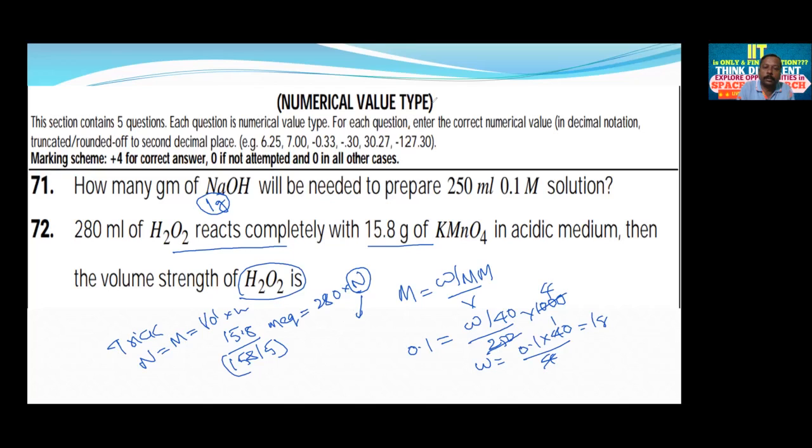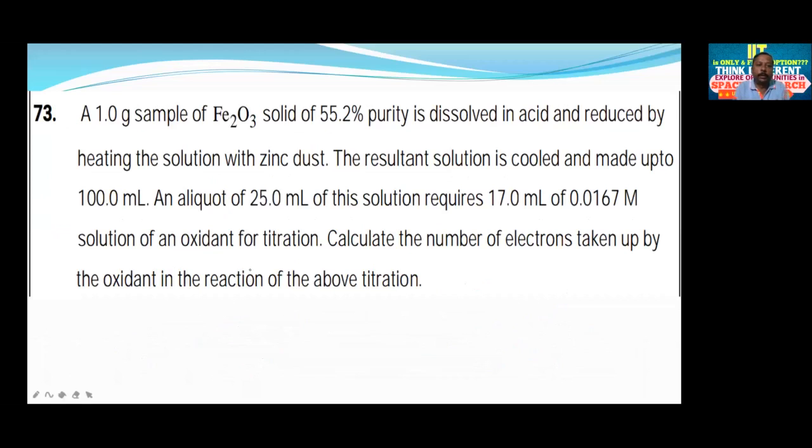Now let us see the next one. 0.1 gram of a sample of Fe2O3 solid of 55.2% purity. That means 55.2 grams only out of 100 grams, so out of this 1 gram, 55.2 divided by 100. That means 0.552 grams only you have to take.